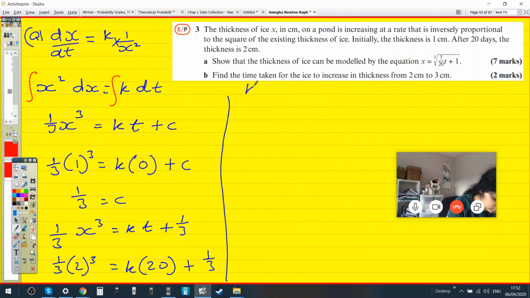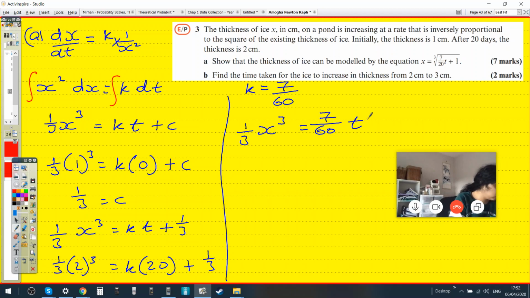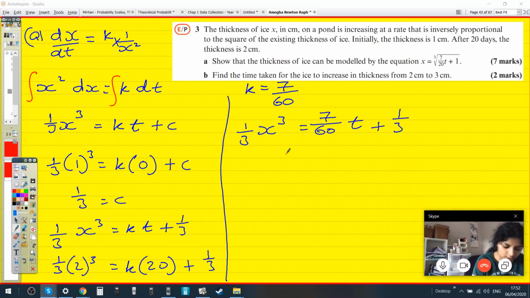Love it. Okay. And then you have to multiply everything by 3. So x cubed is equal to 7/20 t plus 1. And then just cube root everything.